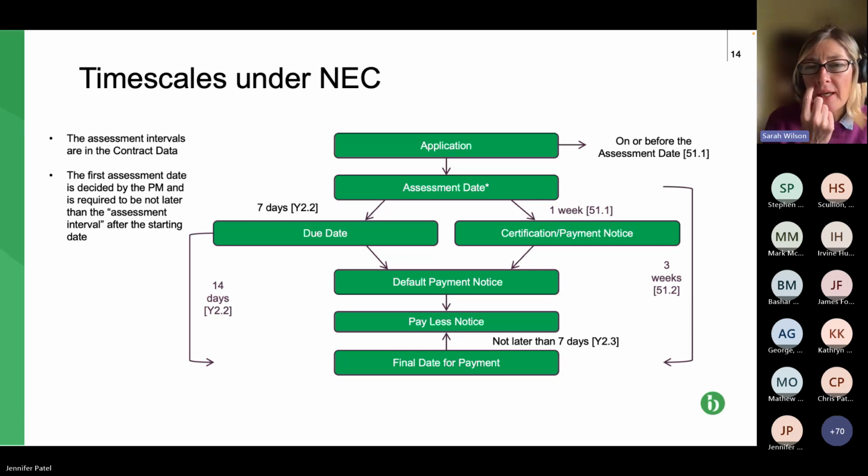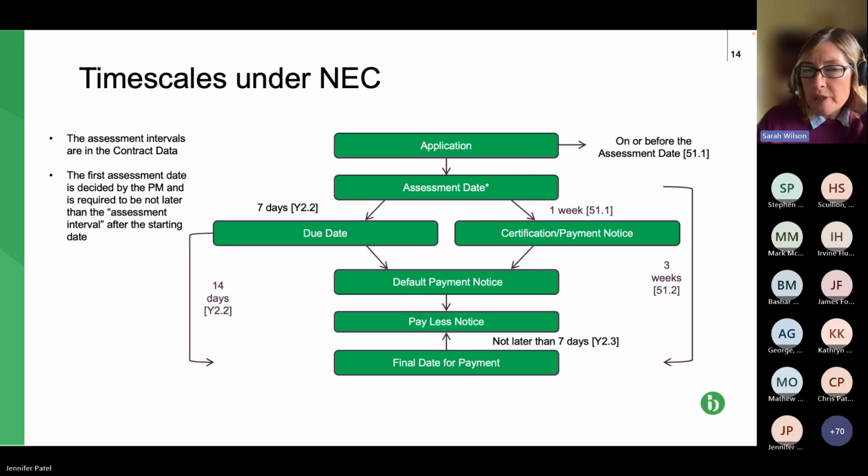Now, the whole thing actually meshes together. So you'll see where it splays off from the assessment date. We've got the due date, and the left-hand side is 7 days from the assessment date, and the PM's payment notice is a week from the assessment date, so the same day, basically. We then have from the due date, the final date for payment. So remember, the Act requires the final date for payment to be pegged to the due date.